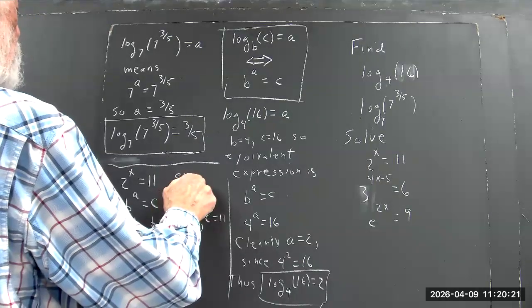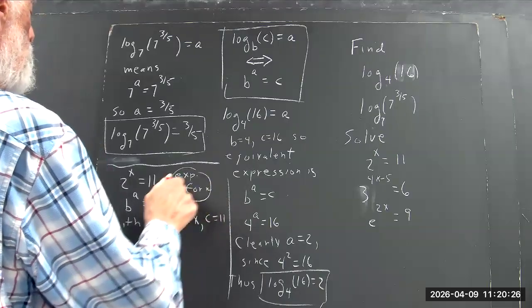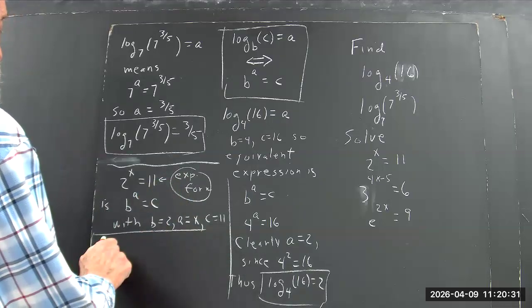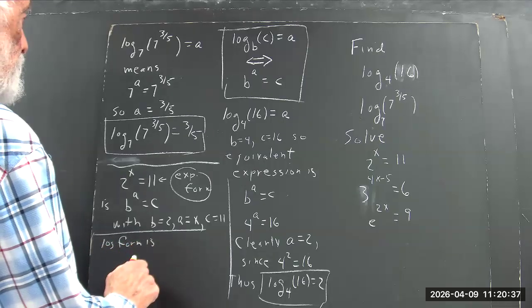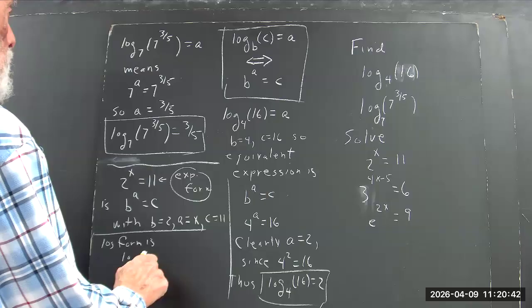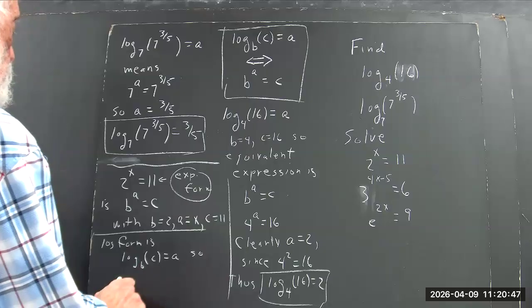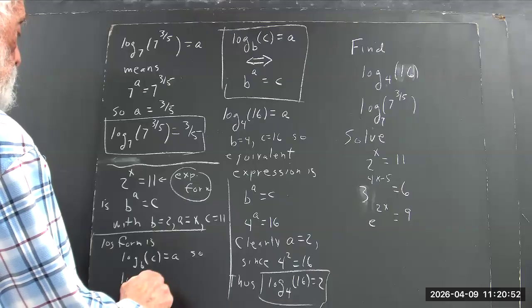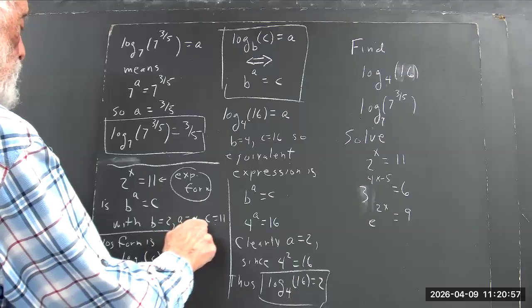Now this is exponential form. Log form is log base b of c equals a. So b is 2, log base 2, c is 11, and a is x.